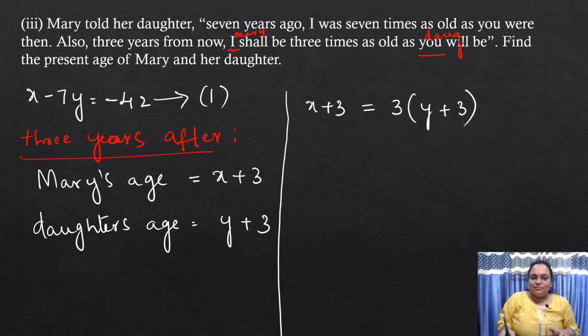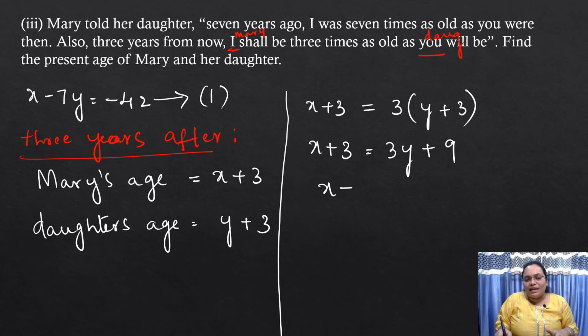Okay. Now let us simplify this. X plus 3 is equal to 3y plus 9. So when you get plus 3y to LHS, this becomes minus 3y. And when you send 3 to RHS, it becomes minus 3.